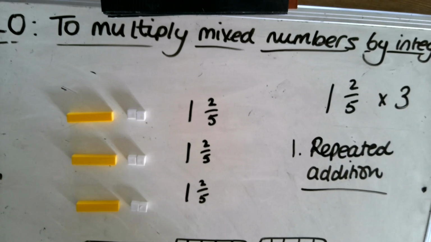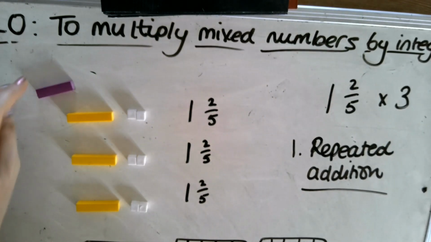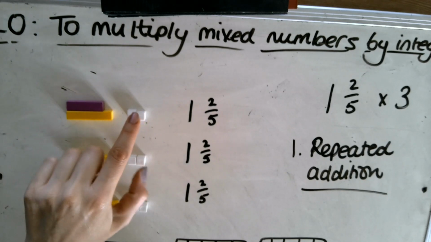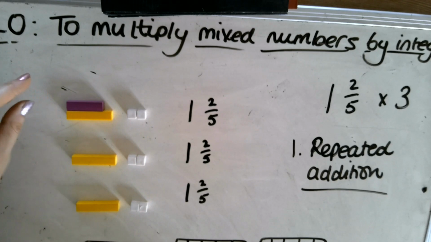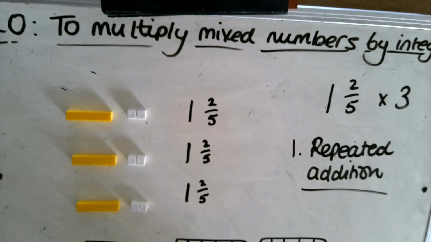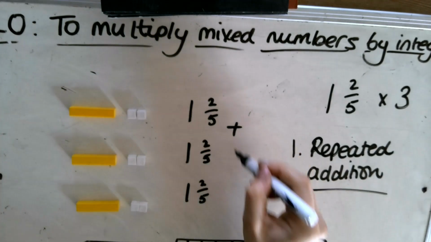That's because these represent fifths. 5/5 make a whole. They're slightly longer than the purple blocks I used just now, which represent 4 of these, whereas the yellow ones represent 1 more, so they're slightly bigger. So I've got 1 whole and 2/5 3 times because I'm multiplying by 3, and I'm going to add them together to try and solve this.